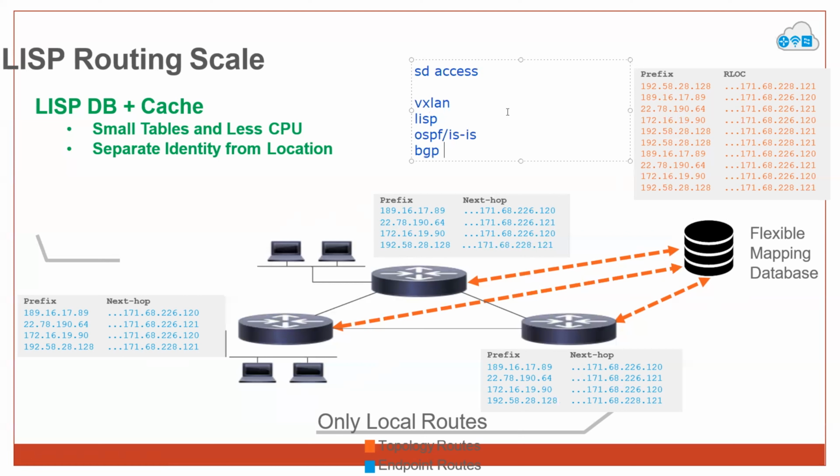The good thing is that you don't need to configure these protocols. Cisco DNA will automatically configure everything for us. What we have to do is the deployment from the GUI.